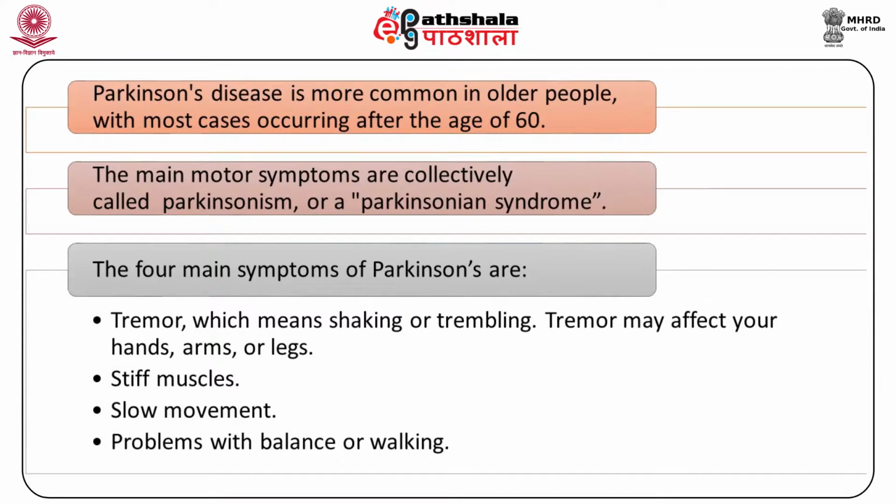Other symptoms include sensory, sleep, and emotional problems. Parkinson's disease is more common in older people, with most cases occurring after the age of 60. The main motor symptoms are collectively called Parkinsonism or Parkinsonian syndrome. The four major symptoms of Parkinson's are tremor, which means shaking or trembling.